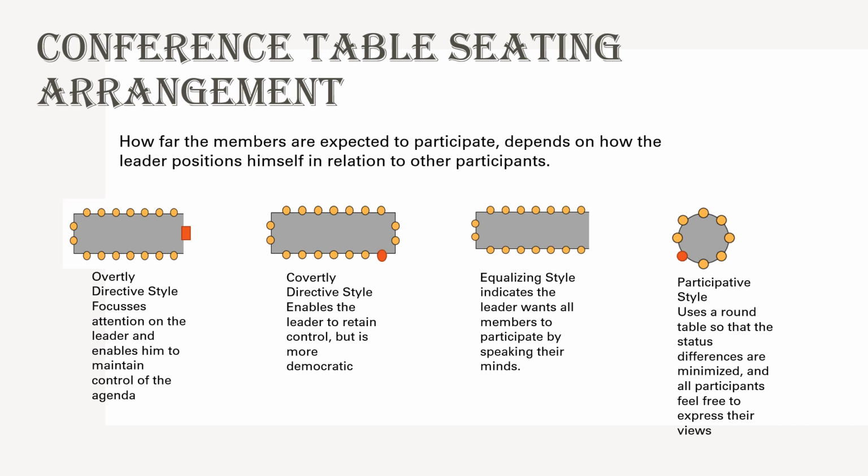So the leader does most of the talking and controls the agenda. Whatever points you have to discuss in a meeting, every point will be controlled by the convener, that is the leader of the meeting. And because the position of the leader is so open, this seating arrangement is termed overtly directive.